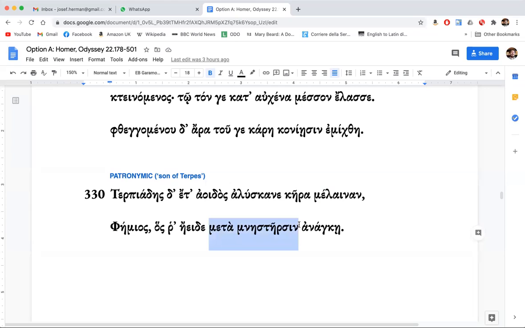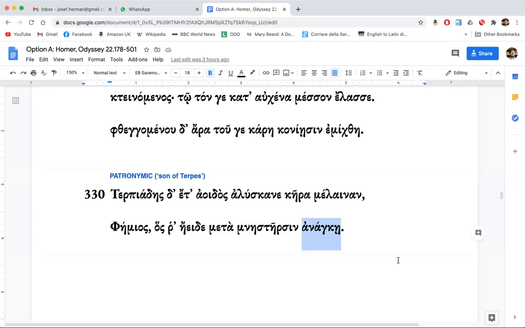You know, he was their singer, he was their entertainer, so he used to sing among the suitors by force, ananke. Right, the noun ananke means sort of necessity or compulsion.